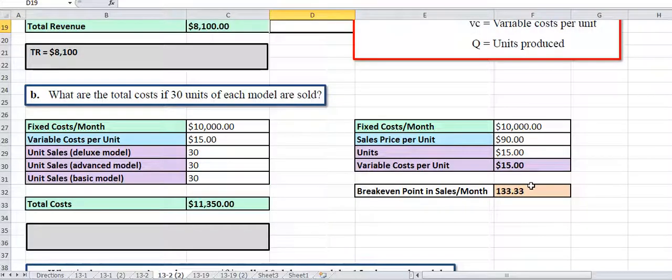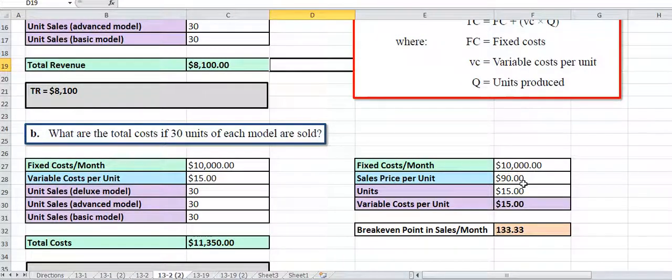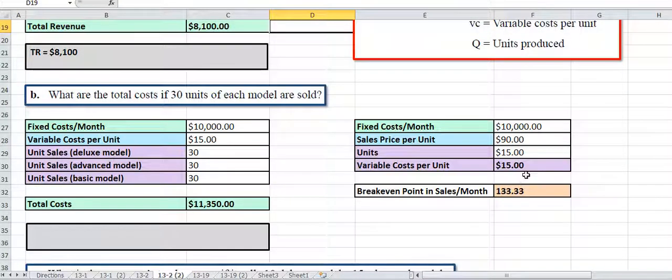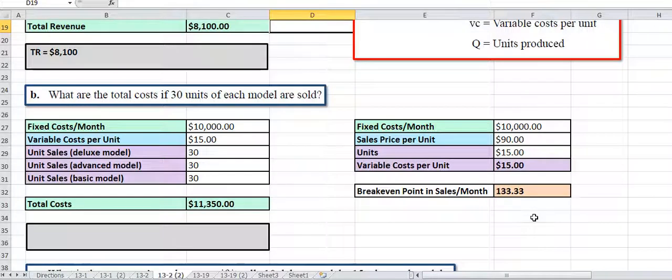And then I said, okay, if we use the prices from the first one up here, the prices of 125, 90, and 55, the average of that is 90. I just put that in as the price just to see, and you can see that in order to break even, they would have to sell a lot more than just 90 units. They'd have to sell 134 units.